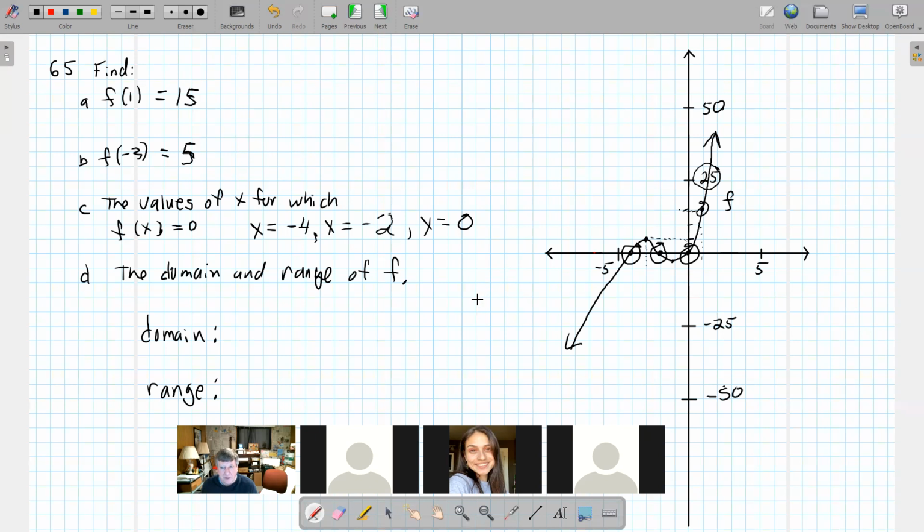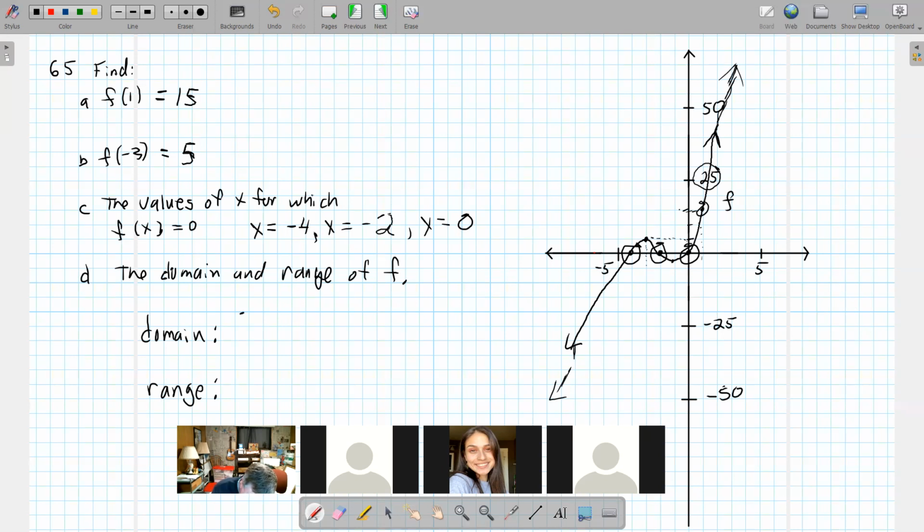What's the domain? Those arrows mean it continues on. So this thing is going up, but it's also going slightly to the right as it goes on. This thing is going down, but it's also going slightly to the left. So as it keeps going forever and ever, what's the domain? An infinity sign?